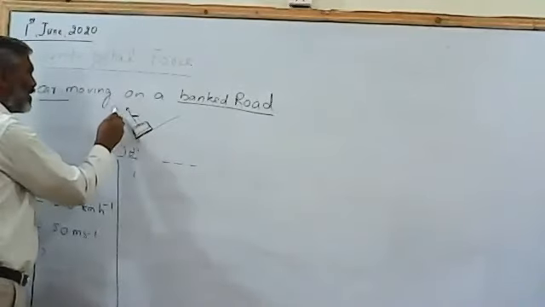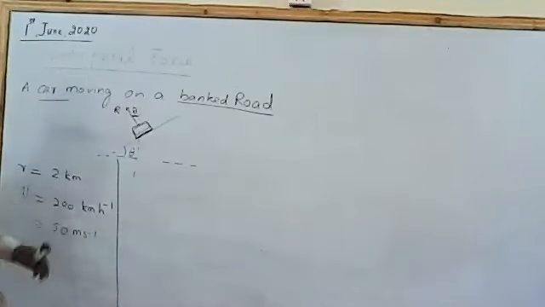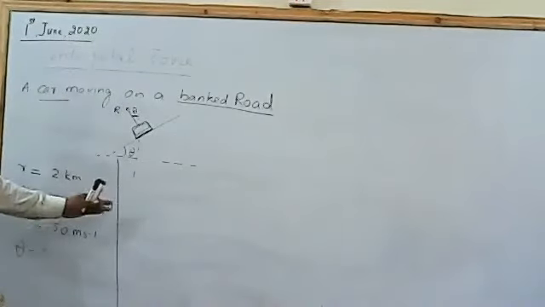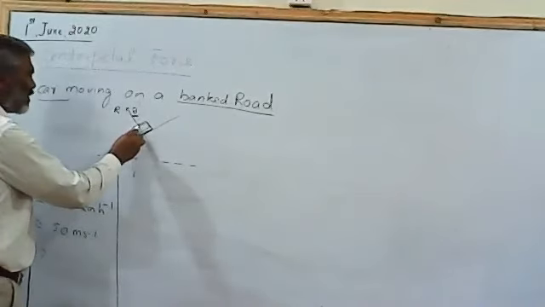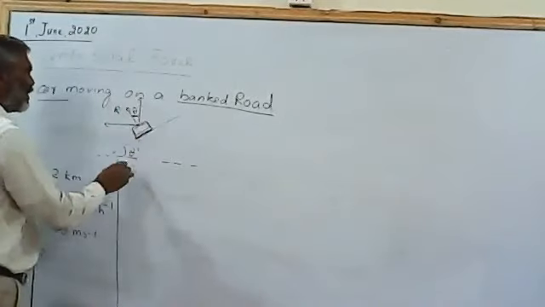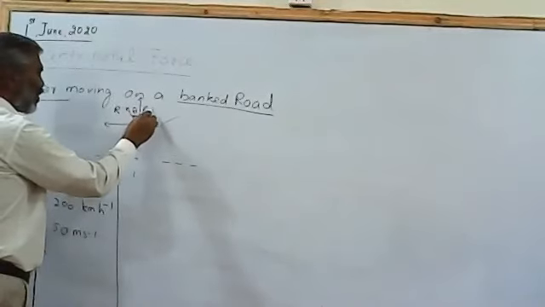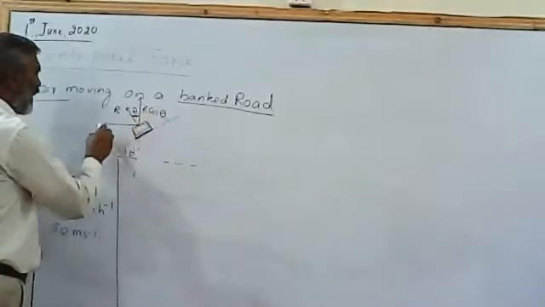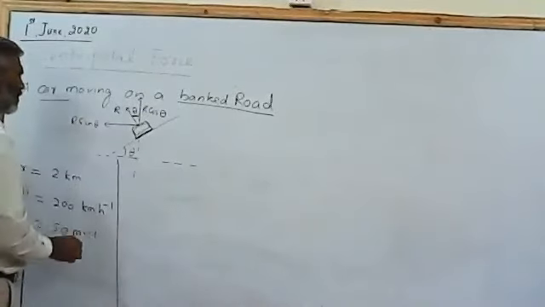If I label this force as R and theta is the angle that this force makes with the vertical, it has two components clearly. One component is along the horizontal and one along the vertical. Again, this component is R cos theta and this component is R sin theta.